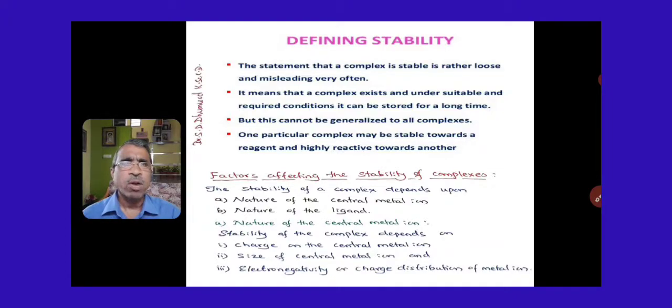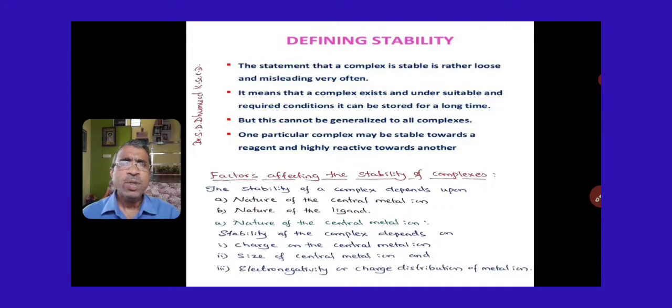The stability of a complex depends upon the nature of the central metal ion and the nature of the ligands. Now let us look at the nature of the central metal ion.